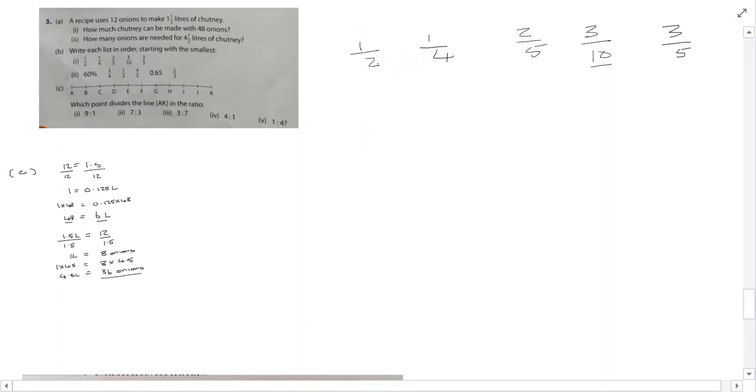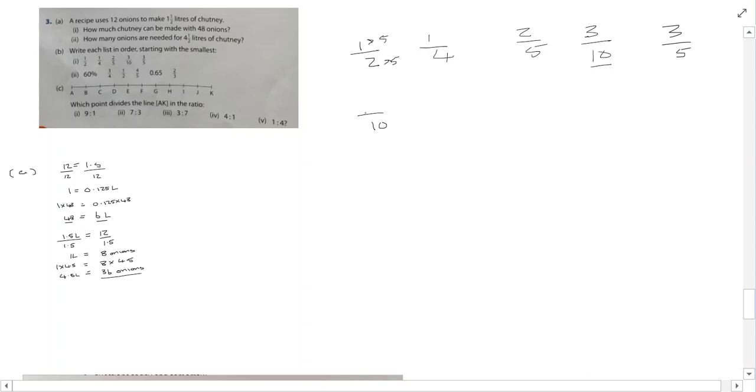So if we take 1/2, how do we change this to 10? We'd have to multiply it by 5. So we multiply the bottom 2 by 5, and that will give us 10, but then we have to multiply the top by 5 as well.